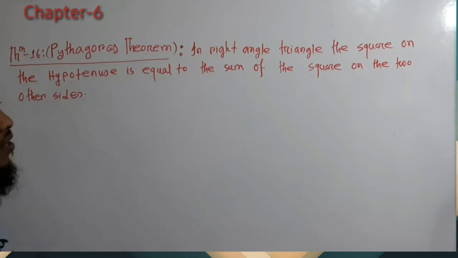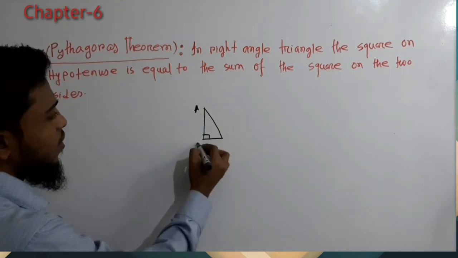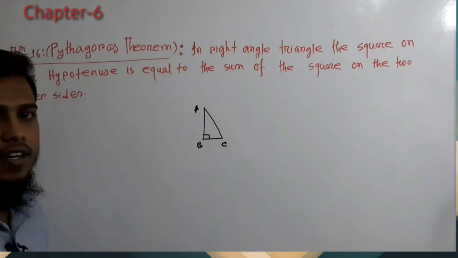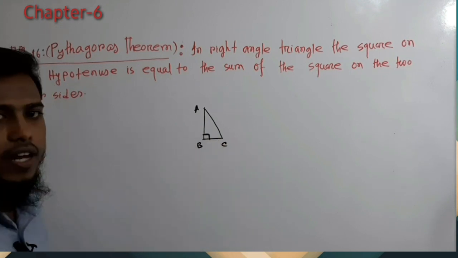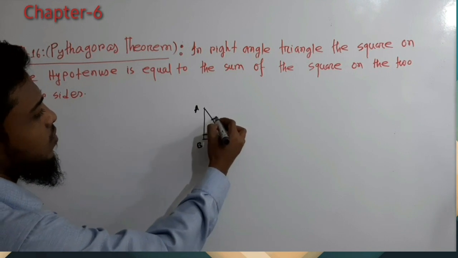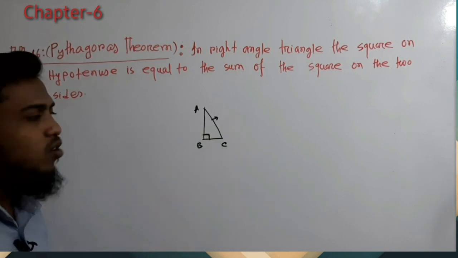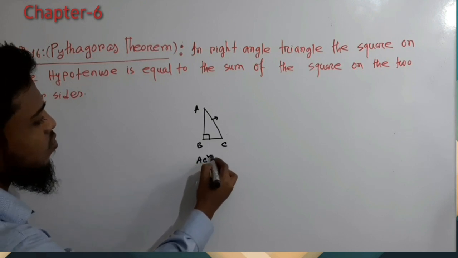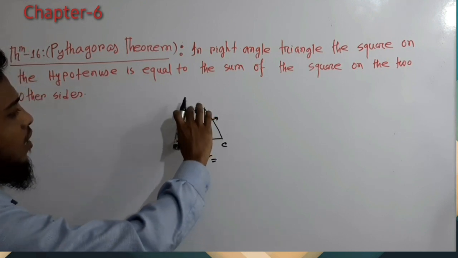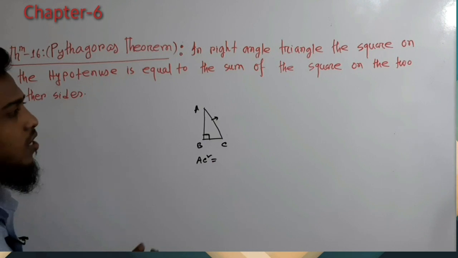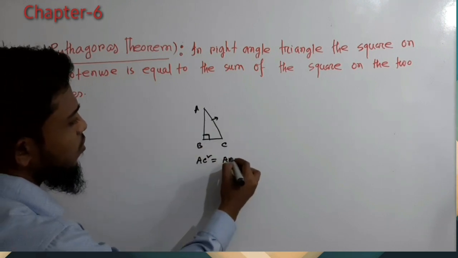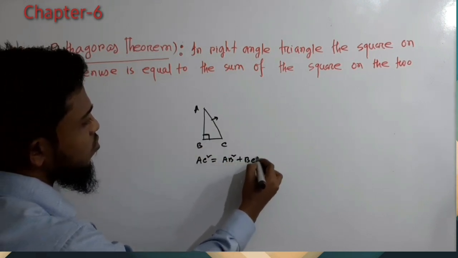That means here ABC is a right angle triangle, here B is 90 degrees, so AC is the hypotenuse. So it is required to prove that AC square is equal to the sum of the squares of the other two sides, so AB square plus BC square.